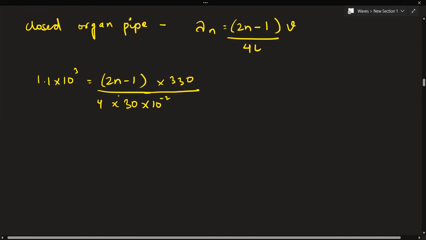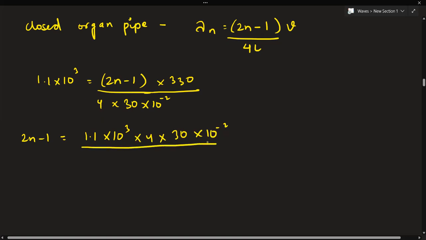Now 2n minus 1 we can write as 1.1 into 10 to the power 3 into 4 into 30 into 10 to the power minus 2, cross multiplied, divided by 330. The zeros get cancelled. 3 multiplied by 11 and 11 into 0.1 gives 10 to the power minus 1, and with 10 to the power minus 2 gives 10 to the power minus 3.